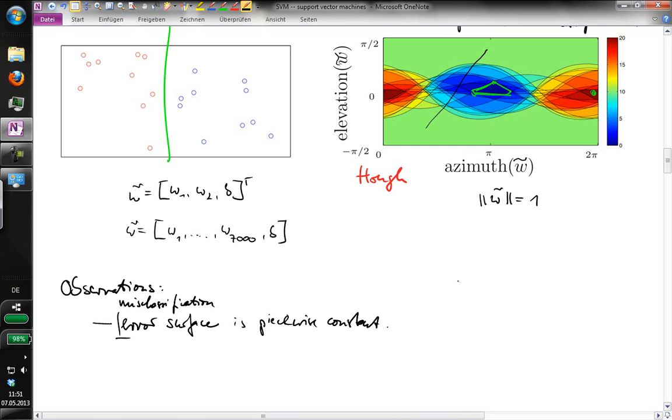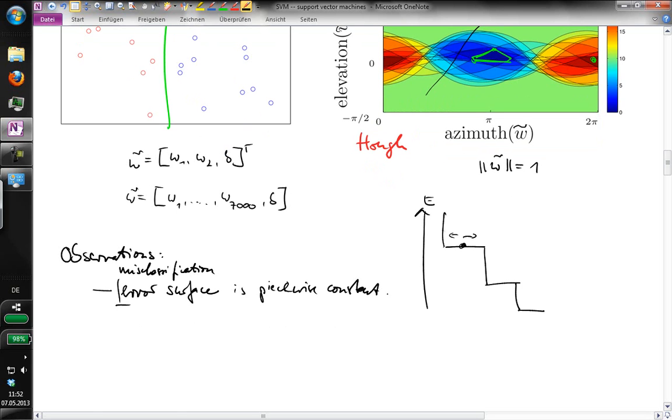Normally you want to do a gradient descent. So let's say you want to find the lowest point on the surface, and you're initially sitting here. The gradient is 0, and there's nothing telling you if you should go right or left if you want to go towards lower energy or lower error, if I call this here the energy. Okay, so a piecewise constant error surface is hard to optimize.